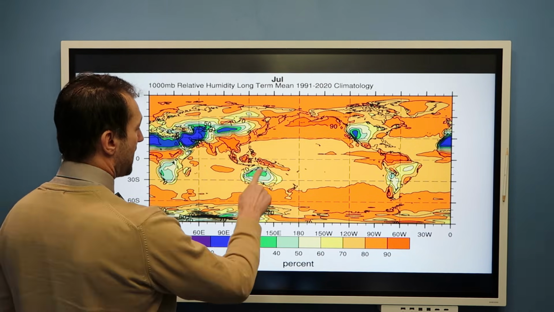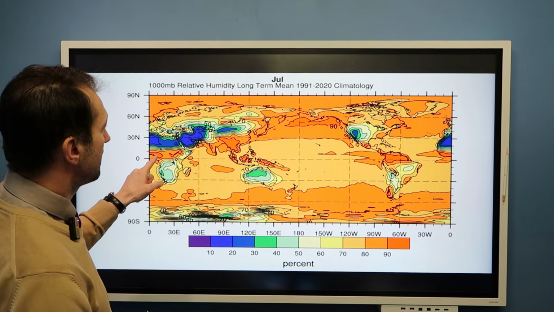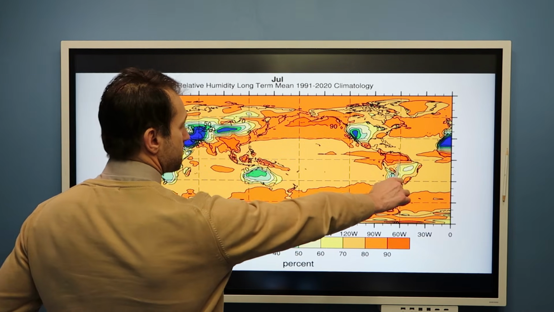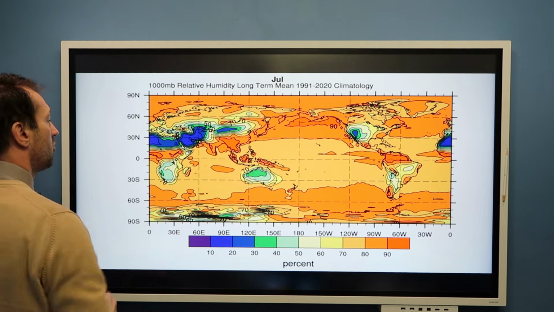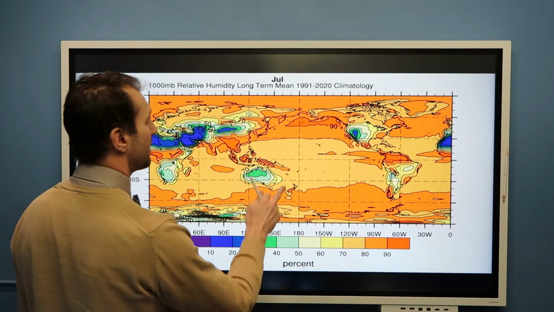We can also see parts of Australia being very dry, but we can also see again that the Amazon forest and the Congo forest are characterized by very high relative humidity that is reaching 100%.